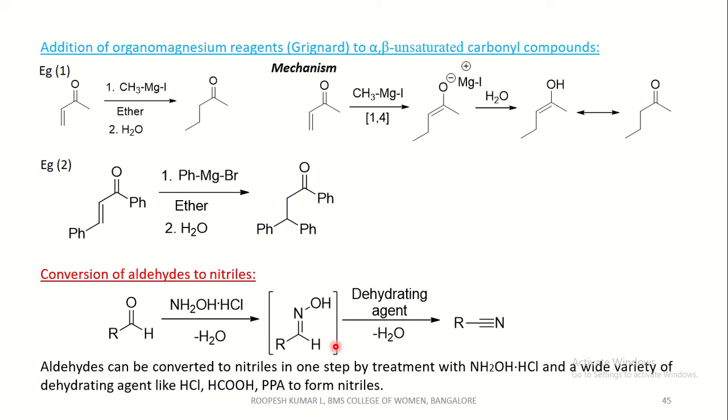This on treatment with a dehydrating agent gives a nitrile. Aldehydes can be converted to nitriles in one step by treatment with hydroxylamine hydrochloride and a wide variety of dehydrating agents like HCl, formic acid, polyphosphoric acid to form nitriles.